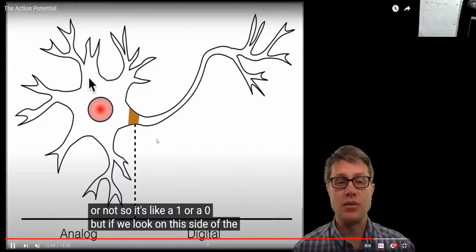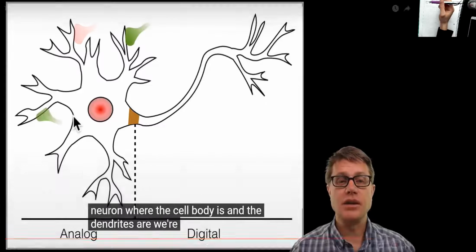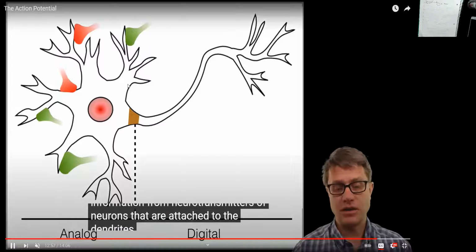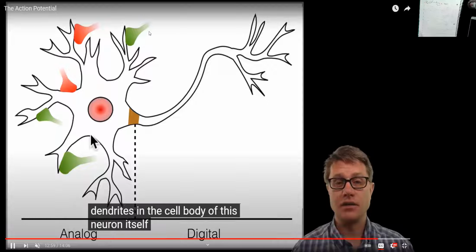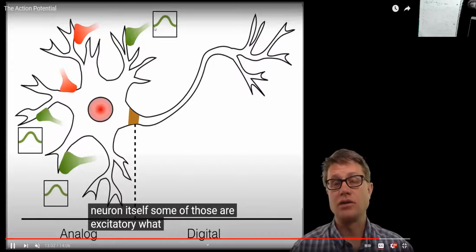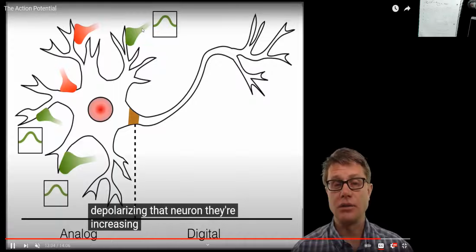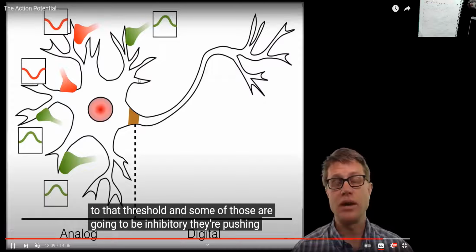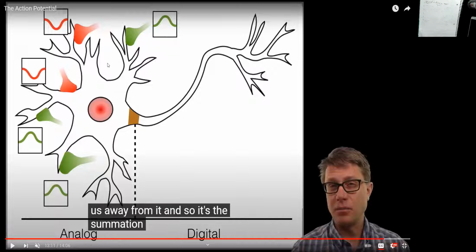I'll mute Mr. Anderson here, but what he's saying is that it's intaking all this different information, and so each dendrite is voting, so to speak. Like, yes, we should fire. This one says, no, we don't have enough potential to fire.